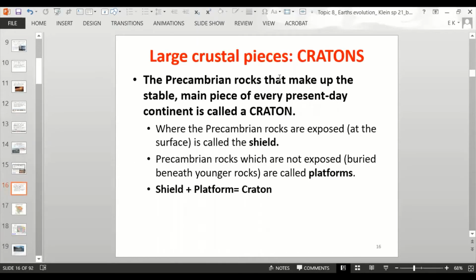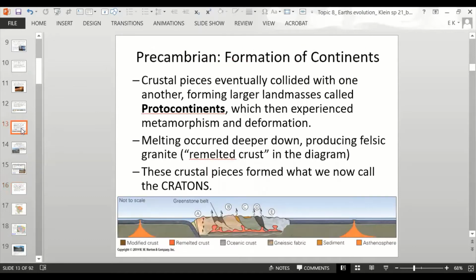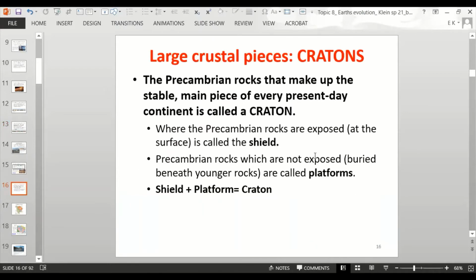So the Precambrian rocks that make up the stable main piece of every present-day continent is called a craton. And while these cratons used to experience a whole lot of deformation and metamorphism and lots of igneous activity, after the Precambrian, those areas of rock were pretty stable.